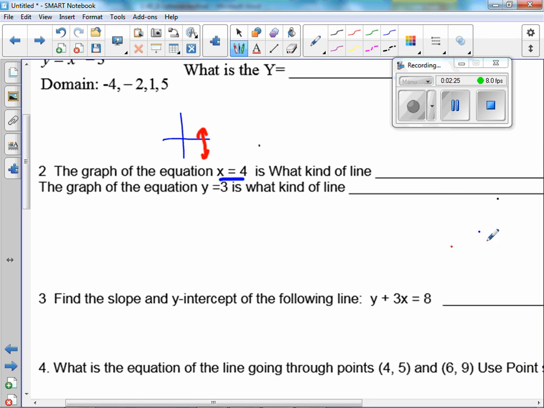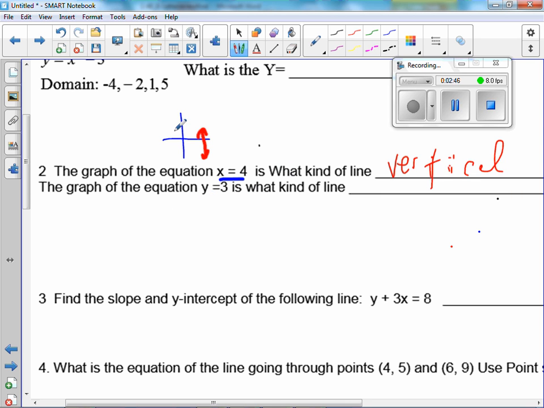That is a vertical line. So x equals graphs a vertical line.